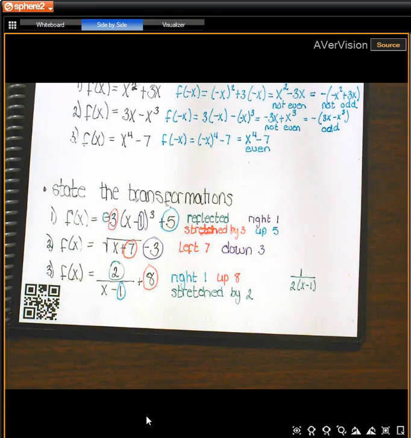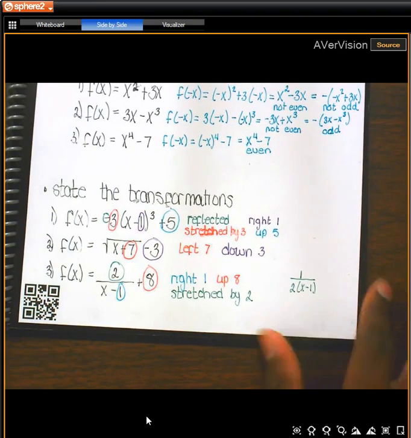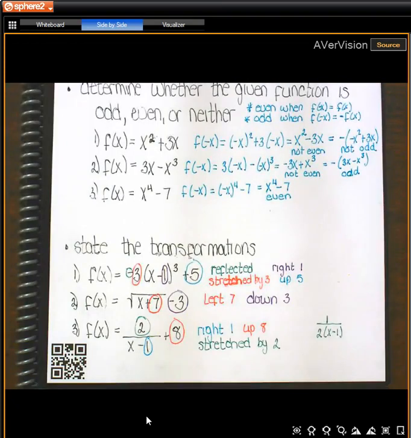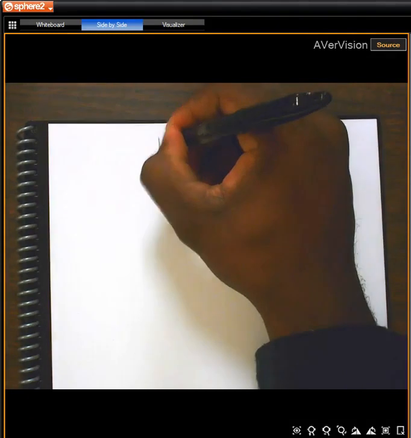All right. Any questions on transformations before we move on, or any of the other topics? All right, as always, I'll scan these and upload it with our notes.